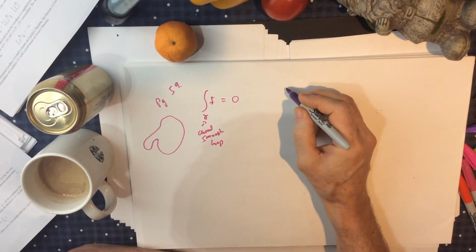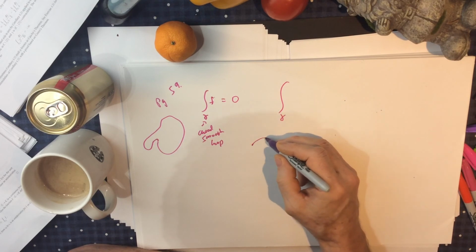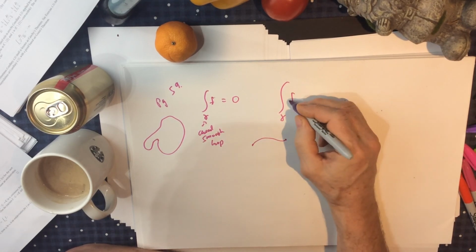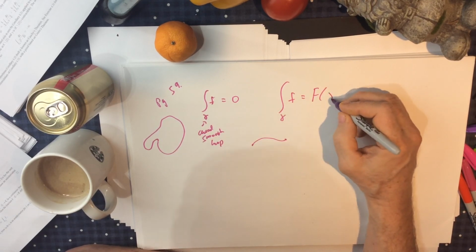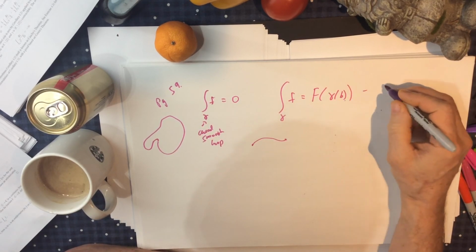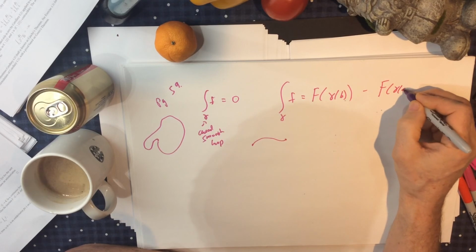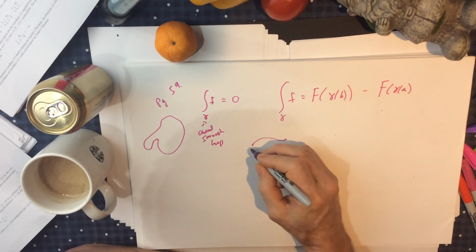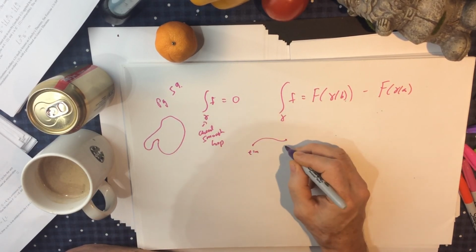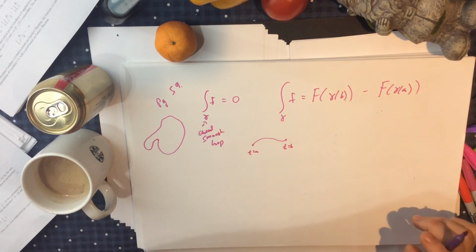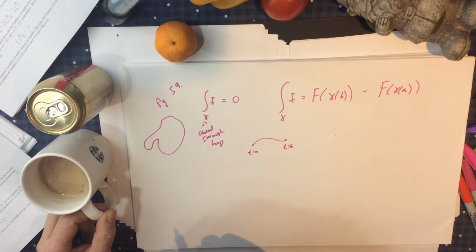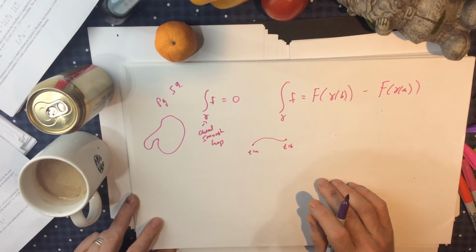And if we did an integral on something like this of a function, then we would just get the antiderivative, and then we'd have the final point minus the beginning point. That's where t equals a started here and t equals b ended there. So it's basically the fundamental theorem of calculus for the complex plane.